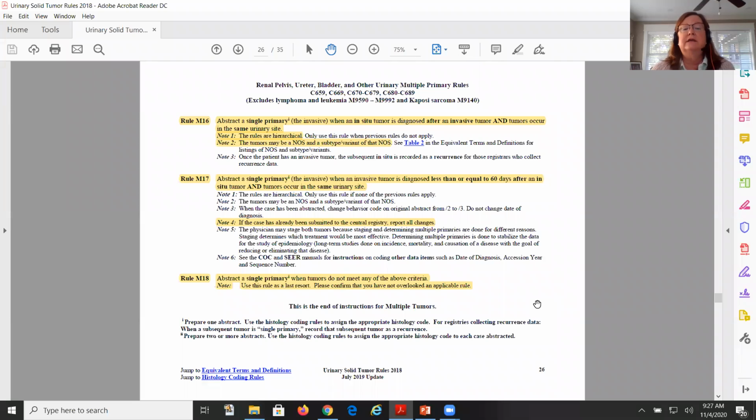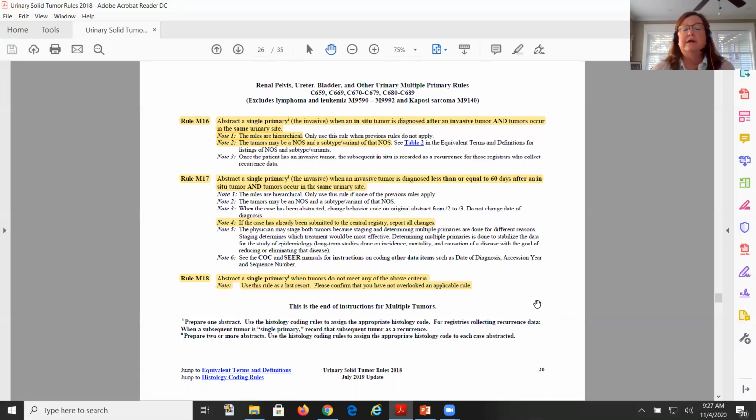M17, abstract a single primary when an invasive tumor is diagnosed less than or equal to 60 days after an in situ tumor and tumors occur in the same urinary site. Now, we had this same rule in our 2007 NPH rules, so this should be kind of familiar to you.